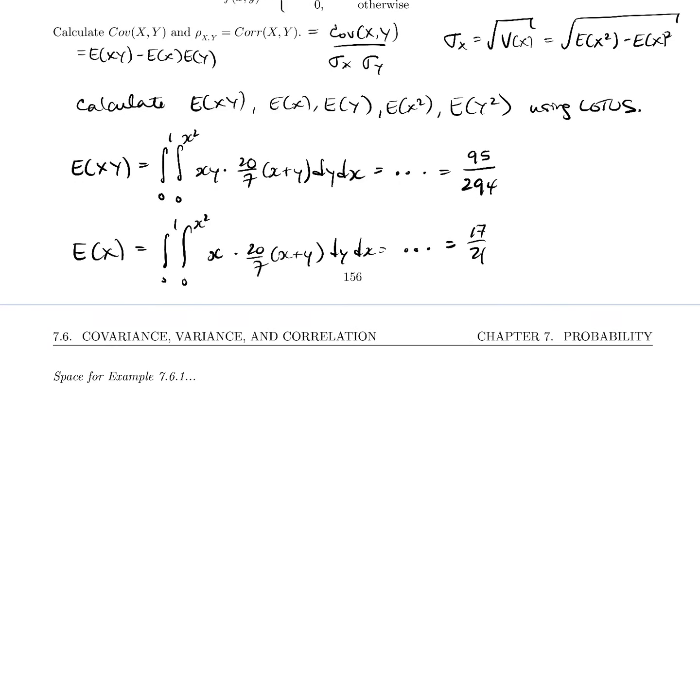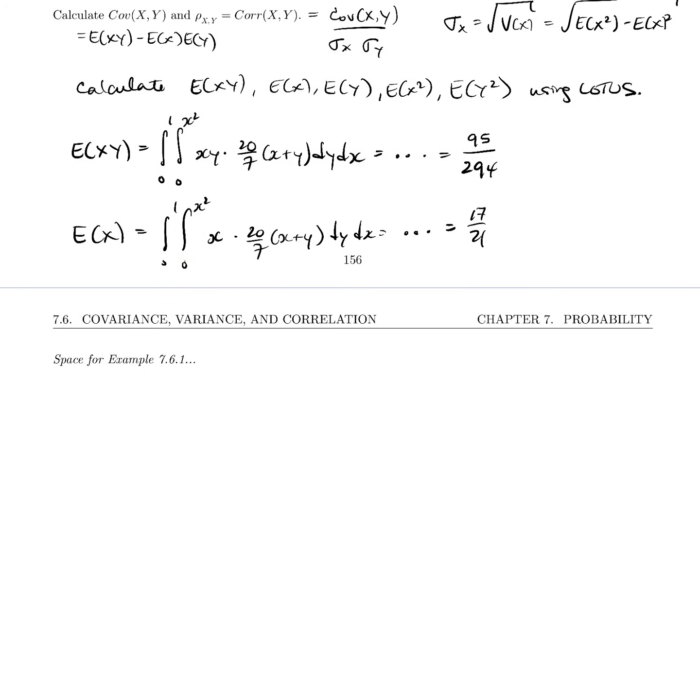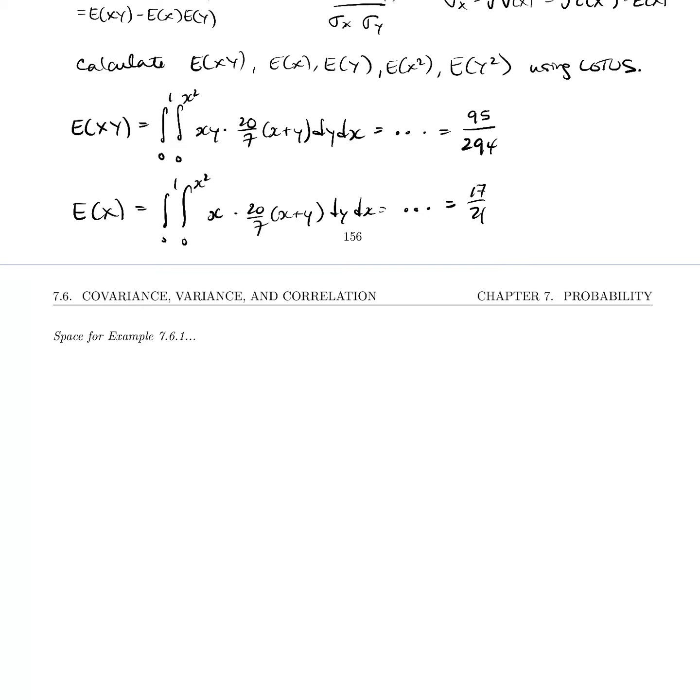And all of the integrals, I should say, are going to be the same form, but instead of xy, we'll have x; for E of y, this will be replaced by a y; for E of x squared, this would be replaced by x squared here, and so on and so forth.